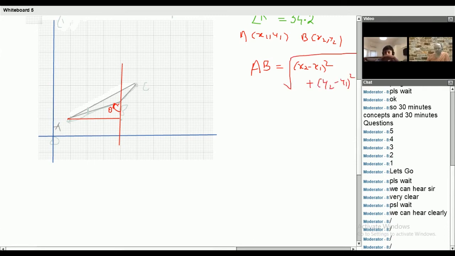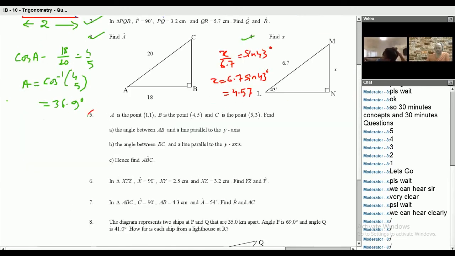What you said is called the gradient formula, y2 minus y1 upon x2 minus x1. Whenever we are going to find gradient or slope, it is rise over run. But here we have to find the distance. Now we can quite easily find out AB because the coordinates of A and B are both given.